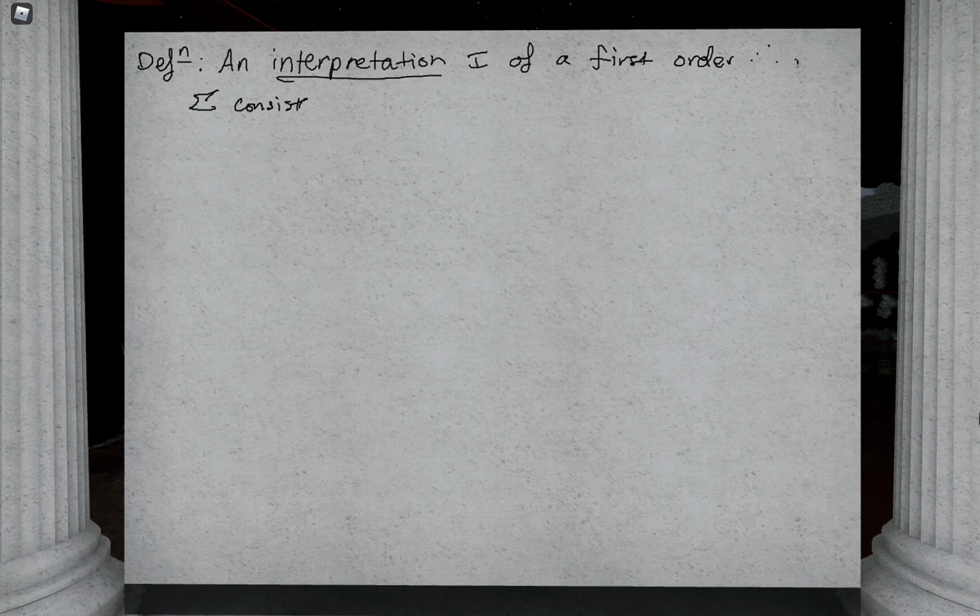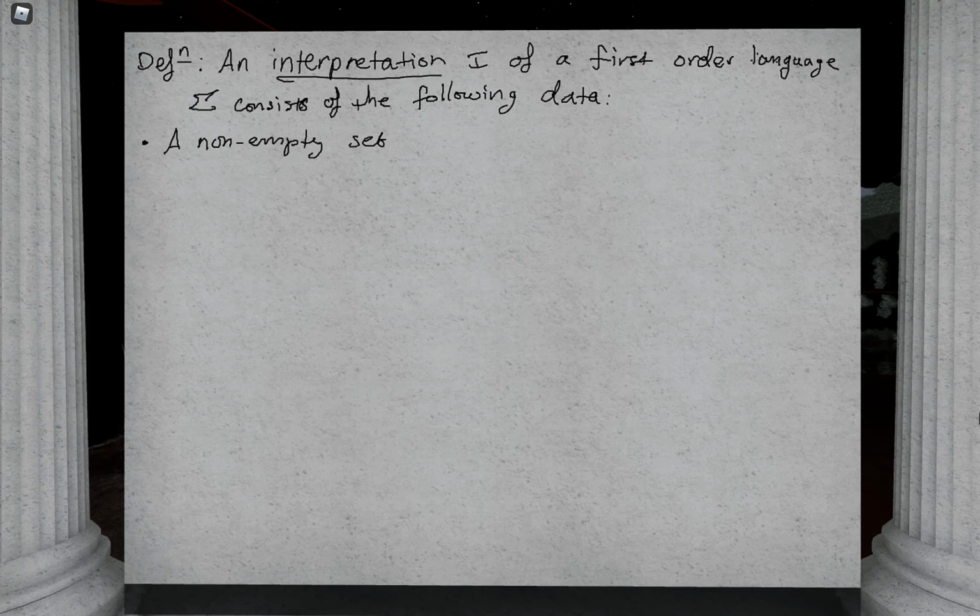Asset theory here. Let me just make that language. Consists of the following data. Oh, sorry, I forgot to mention.